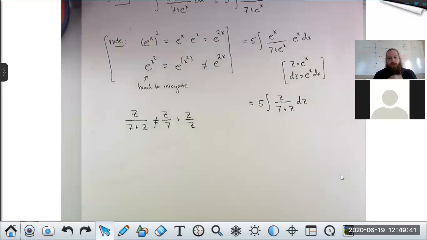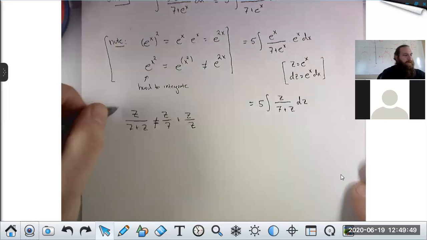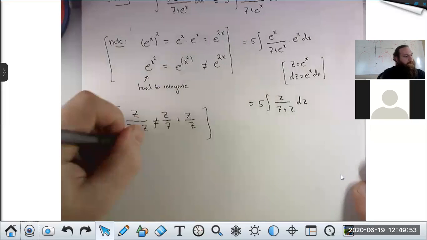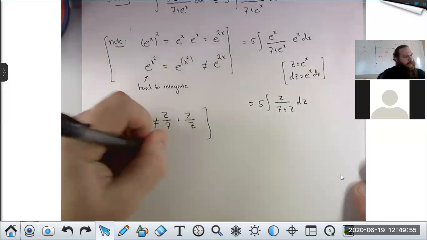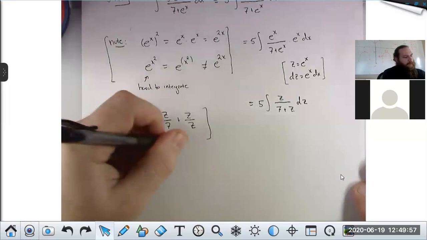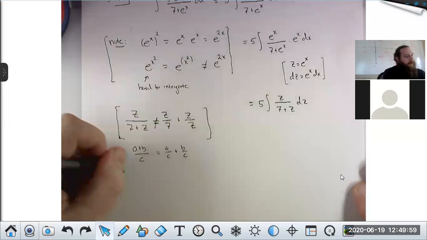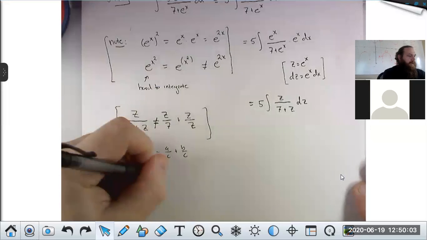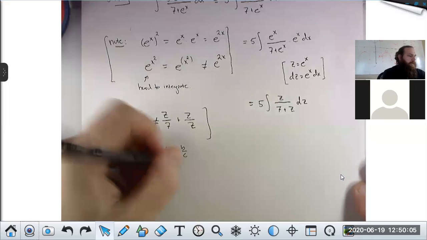We have one suggestion so far, but the algebra won't work, so we can't do it like that. Right, this stuff doesn't work. The underlying rule here is that a plus b over c is a over c plus b over c, but a over b plus c is not a over b plus a over c.